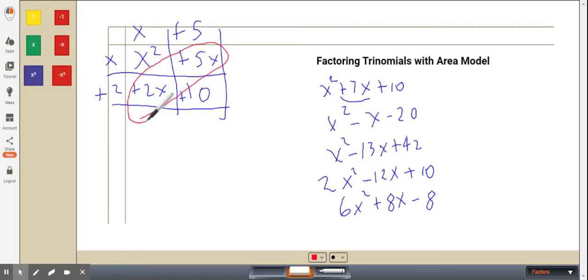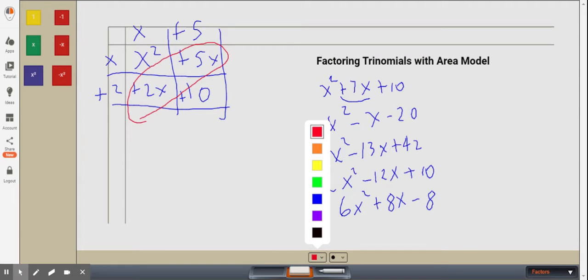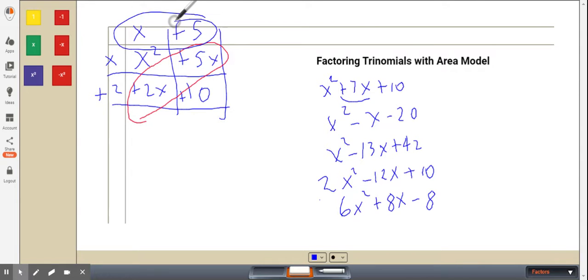So that means the factors that I have as the outcome are x plus 5 and x plus 2. Of course, you can probably use a different method, and if you're comfortable with whatever method you use, that's fine. I'm just illustrating this method, and there's a reason for it that we will continue to explore later. So that is my first example, and this is the factoring.